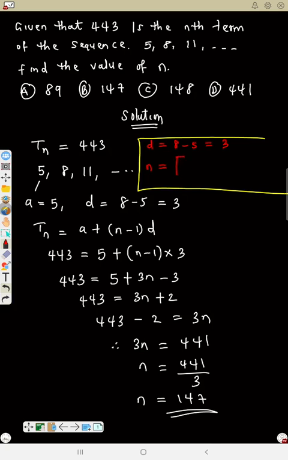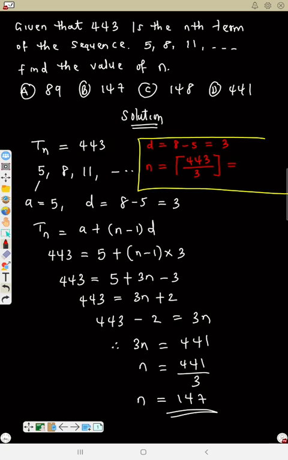So now what is the nth term? 443. That will be 443 divided by the common difference, and we ignore decimal points. So divide 443 by 3.